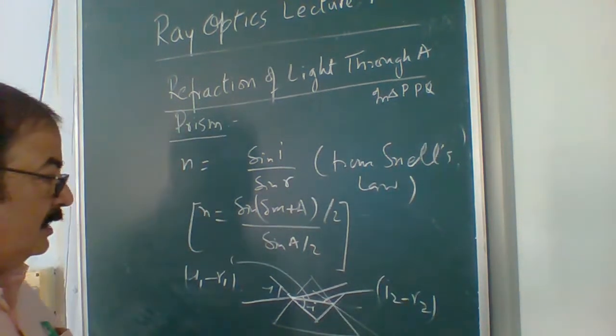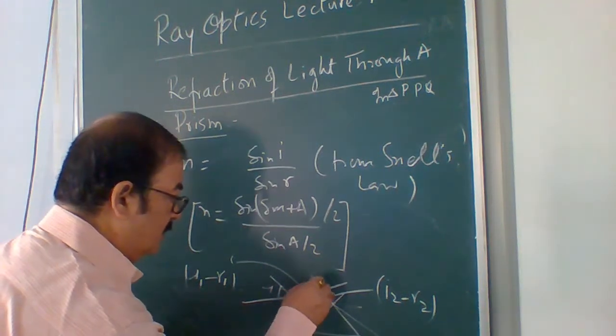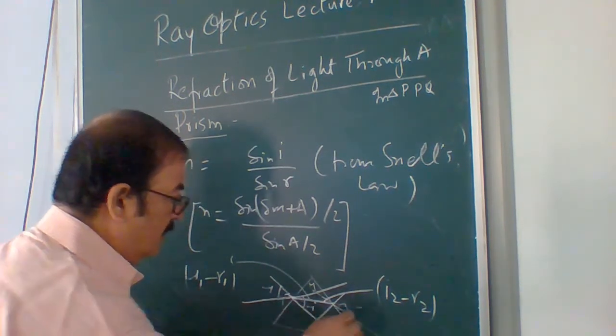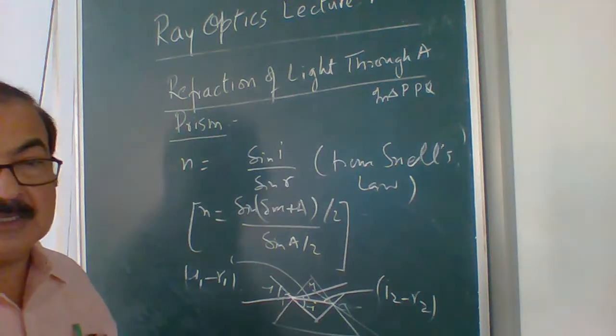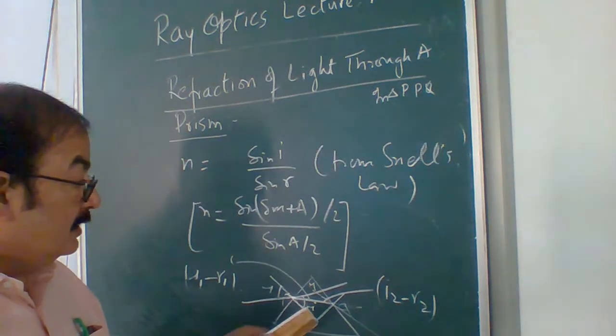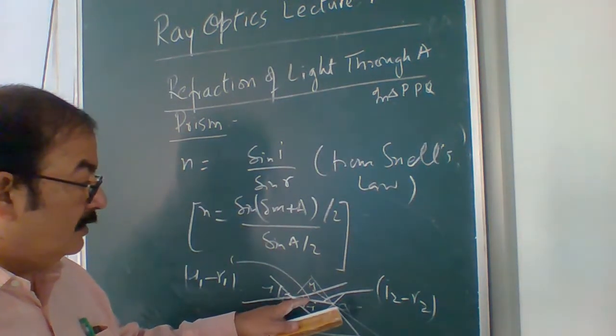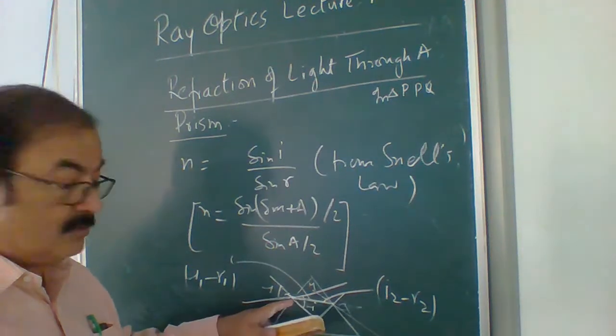That was initially confused with a different formation. इससे मैंने कुछ अलग लिख दिया था, हम लोगों ने लिख दिया था जल्दी में कि this angle is your I1, this angle is I2. No, it's not like that.